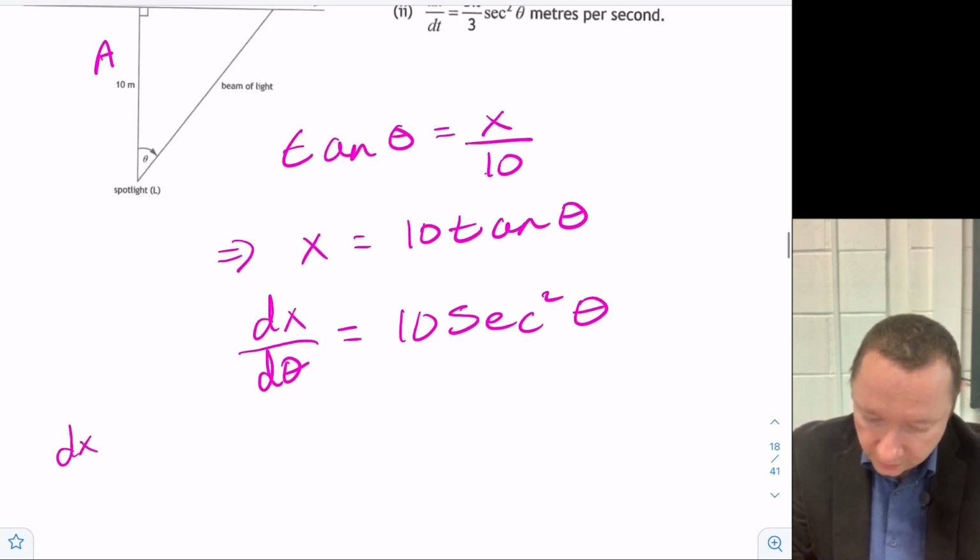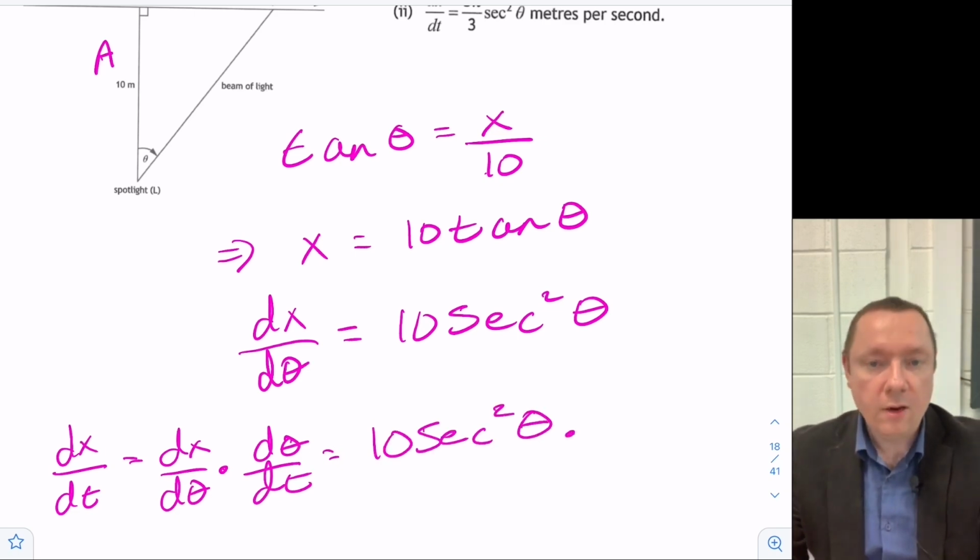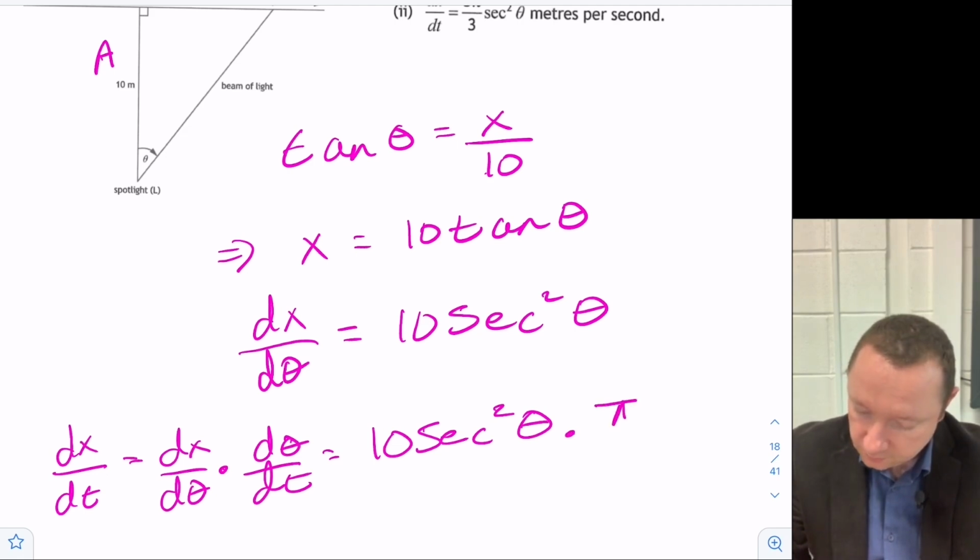dx by dt then is what we're trying to work out. So dx by dt will be dx by d theta times d theta by dt. That's 10 sec squared theta times pi over 6. That's part A, remember. We worked that out.